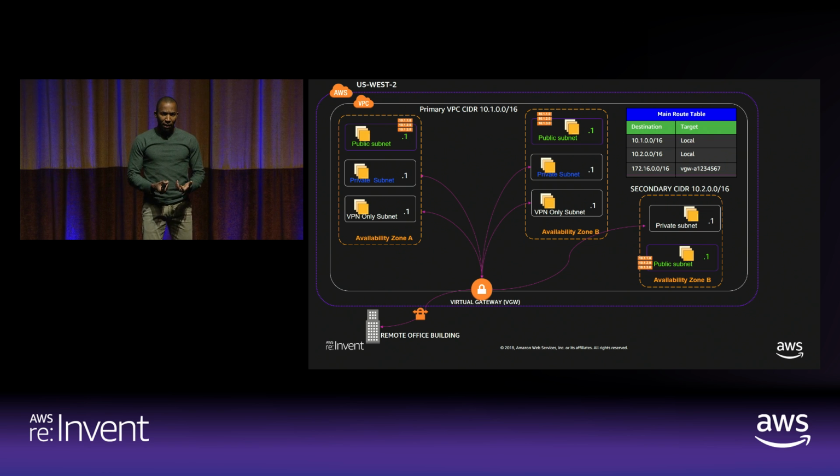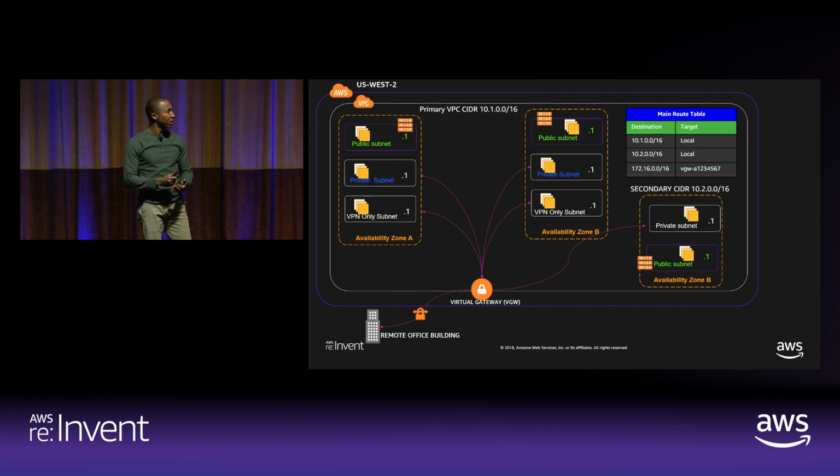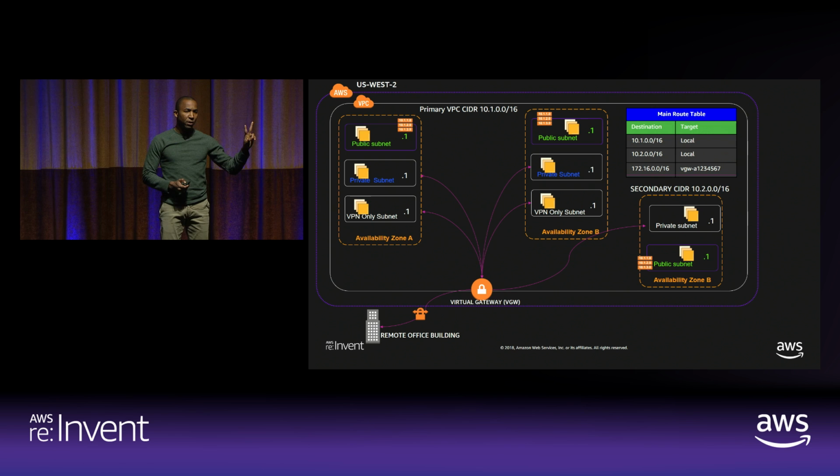Now, once you have that established, you can then create multiple IPsec tunnels between your AWS environment and your on-premises router or firewall or layer 4 multi-layer device. When you do that, we create two tunnels.